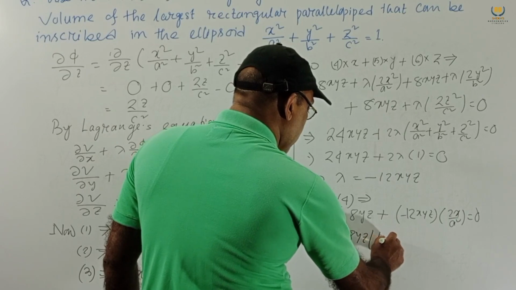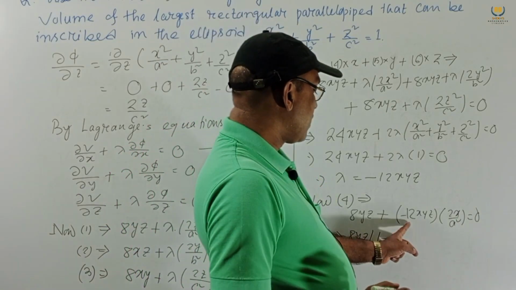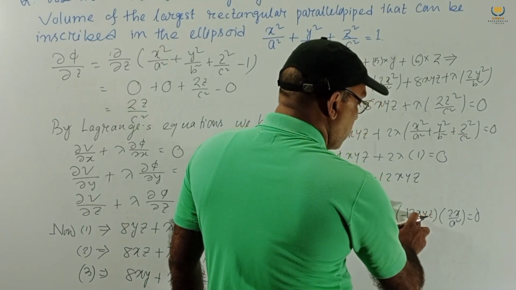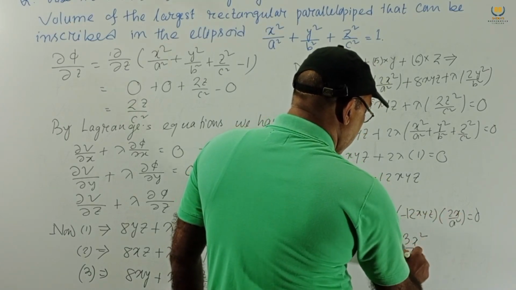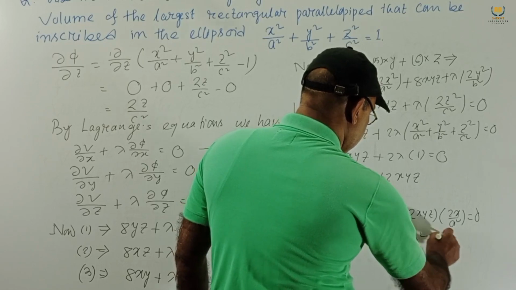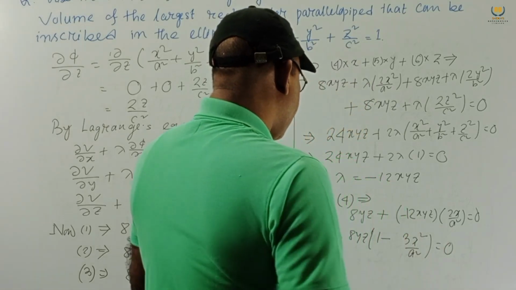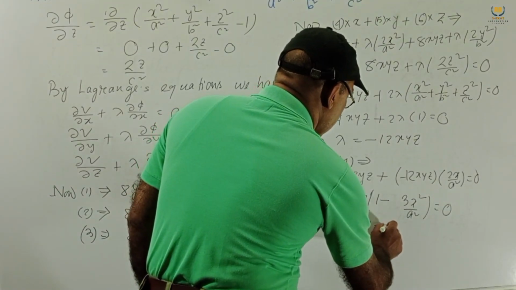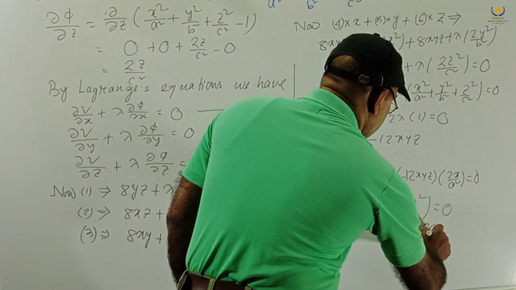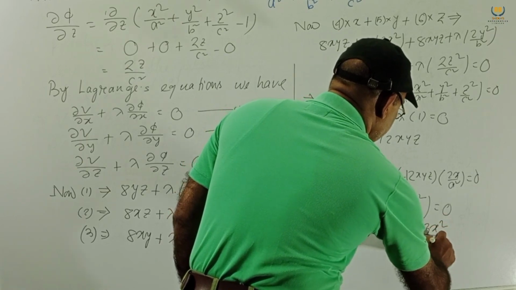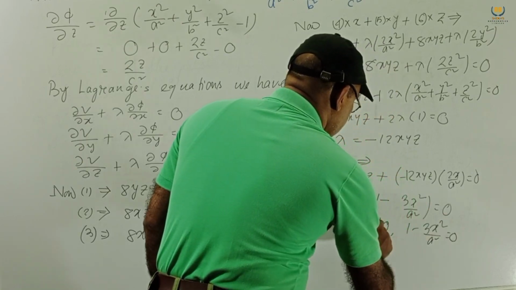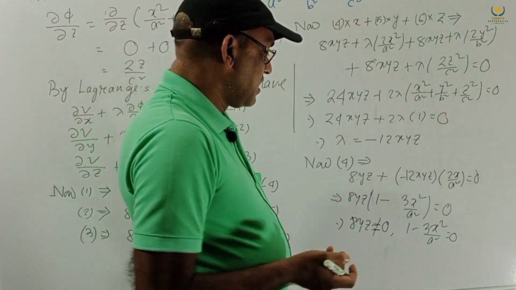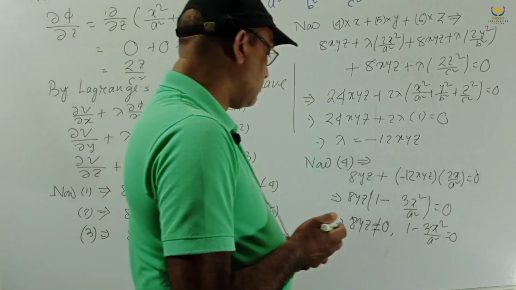We get 1 minus 3 common, 3 x square by a square, and 8yz equal to 0. 1 minus 3x square by a square equal to 0. This cannot be 0. If xy is 0, then ultimately all of this finishes. Then this must be 0.